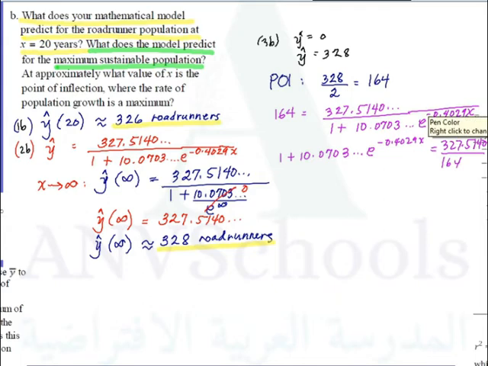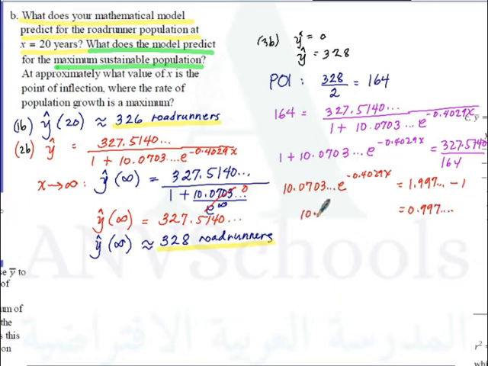So 10.0703 e to the negative 0.4029x will give us 327.5140 divided by 164, which is 1.997, minus 1, so that's 0.997.